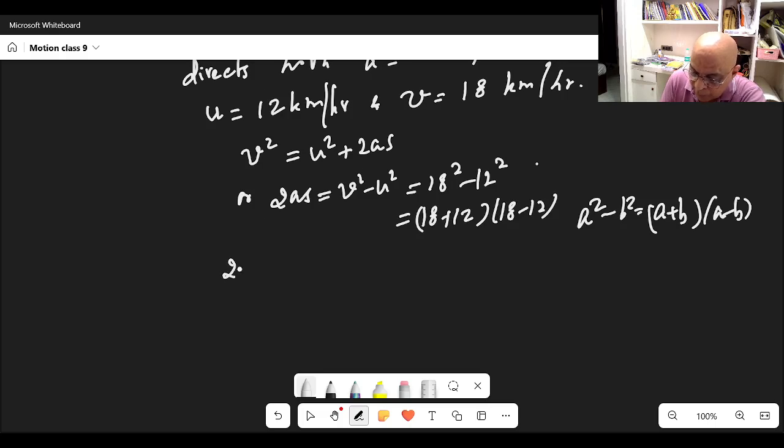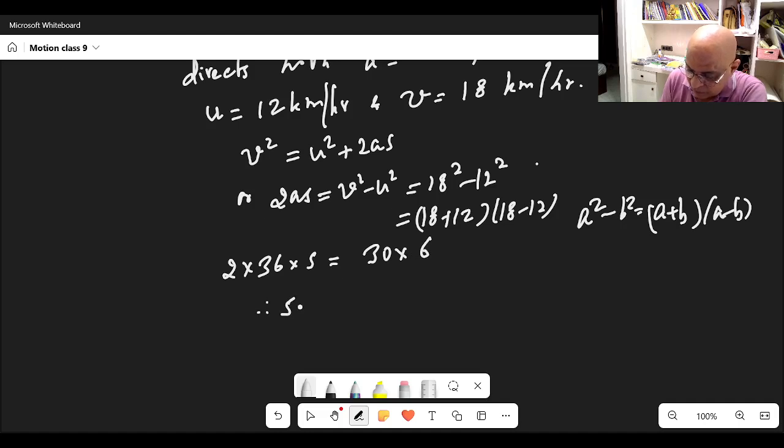and 2a is 36. Here also we have not changed the unit into meter per second because it will take more time. We keep kilometer per hour, maintaining the same unit in all the variables. So 2 into 36 into s is equal to 18 plus 12, 30, into 18 minus 12, 6.